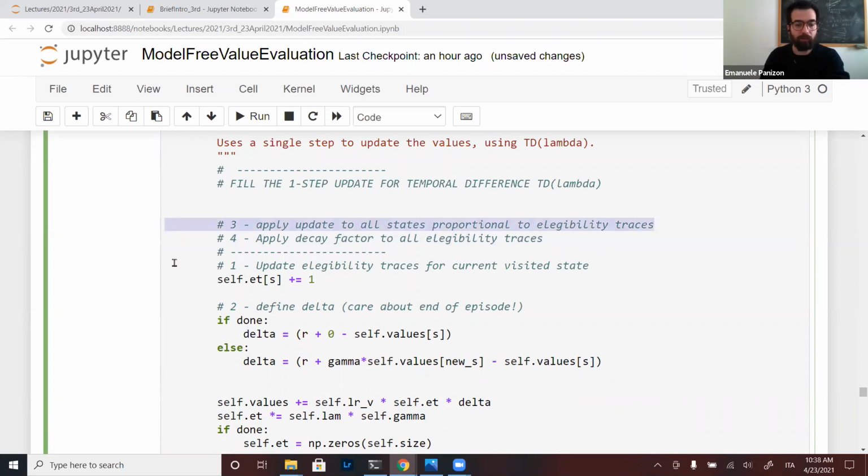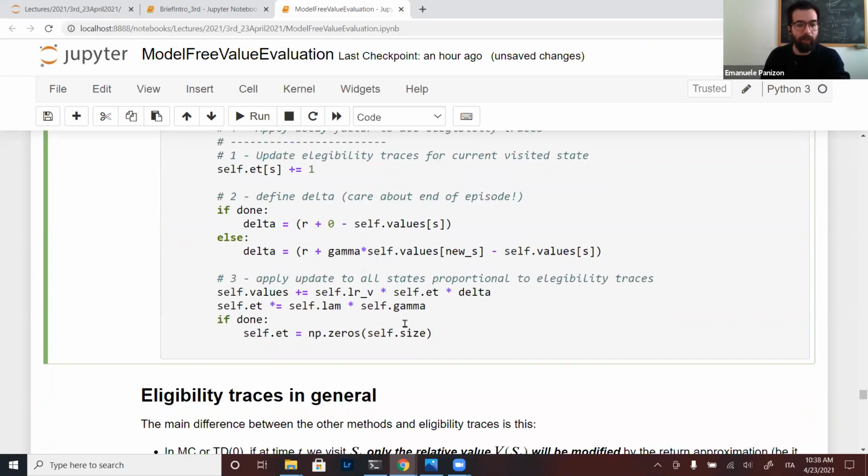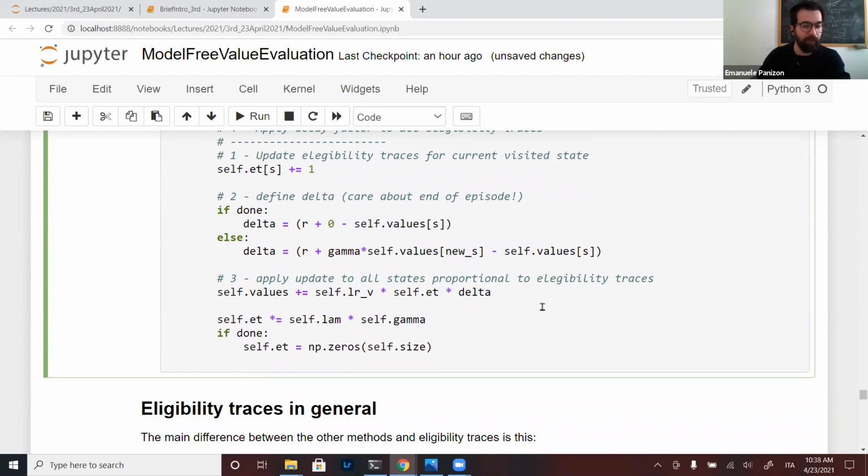Then I apply the update, which is proportional to delta, proportional to the learning rate, but also proportional to the eligibility trace everywhere, because now this is a vector of values and this is a vector of eligibility traces.